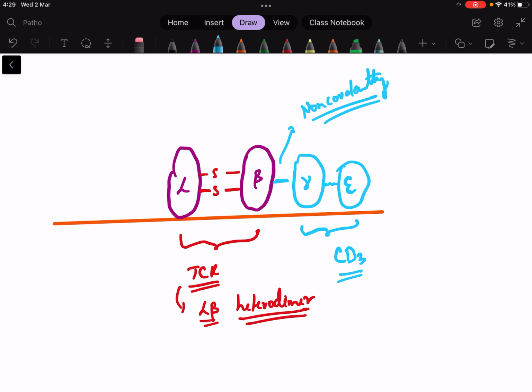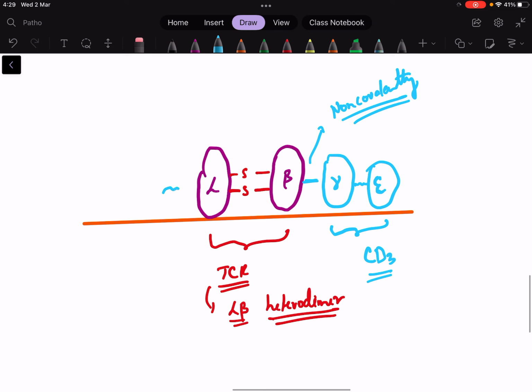On the other side we again have a gamma and epsilon polypeptide chain pair, which is also named CD3 proteins.